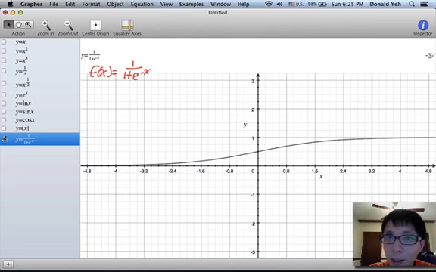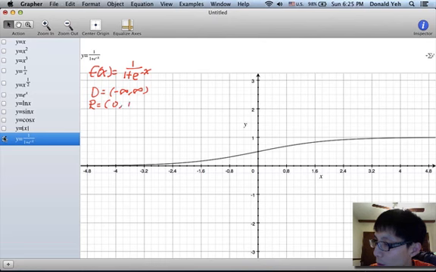Then you say, okay, this graph intersects at 0.5. Is there a domain and range in here? Yes, the domain is going to be negative infinity to infinity. Your range is going to be from 0 to 1, never equal to 1, never equal to 0.